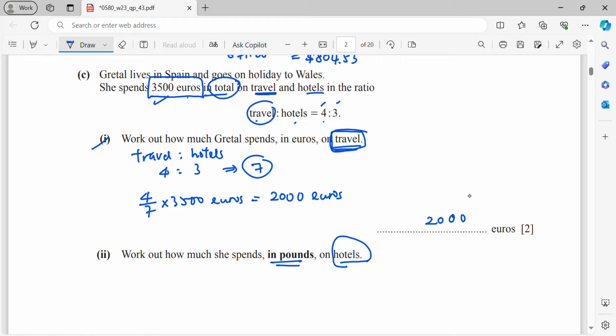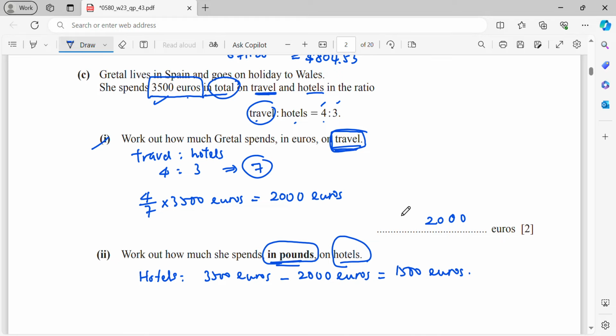So hotel means that it will be 3,500 euros minus 2,000 euros. That means Greta has spent 1,500 euros on hotels. Now, you need to change to pounds. Okay, you need to get the answer in pounds.